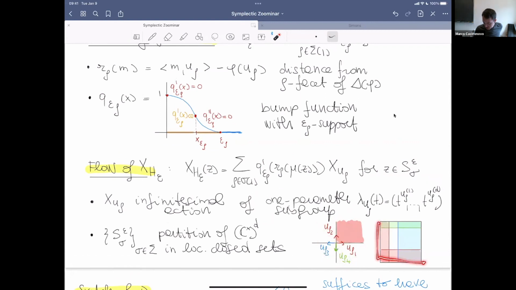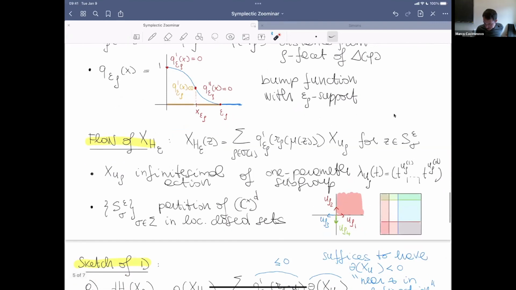It's the fan of P1 cross P1. And you can imagine that each ray defines a region of (C star)^n, which is the pre-image under the moment map of a little collar around the corresponding facet of this polytope. And so these locally closed sets are obtained by taking, for higher dimensional cones, intersections of these collars. So for example, this 2-dimensional cone would correspond to this little region here.